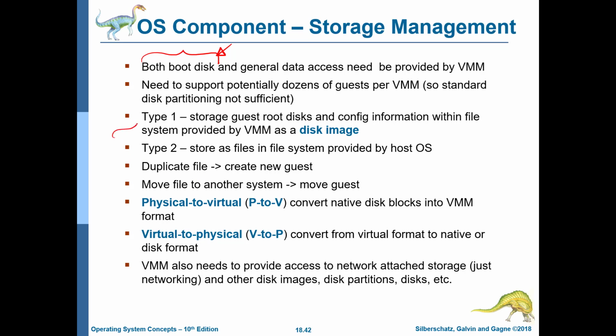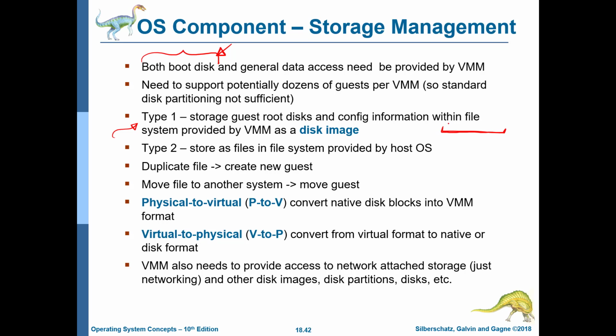So let's now look at type 1, the first type. It can store the guest root disks and other configuration information within the file system of the VMM. So basically the entire guest's image is just stored as a single file or a bunch of files within the VMM's file system.